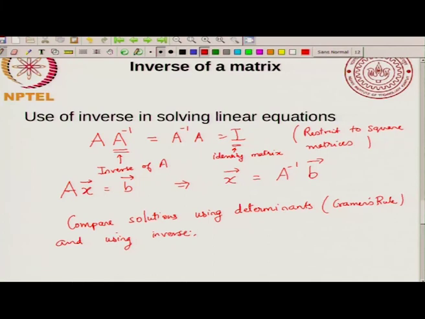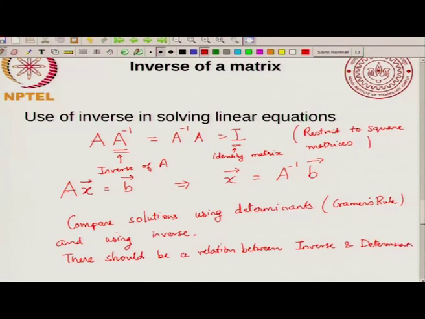So what that implies is that there should be a relation between inverse and determinant.